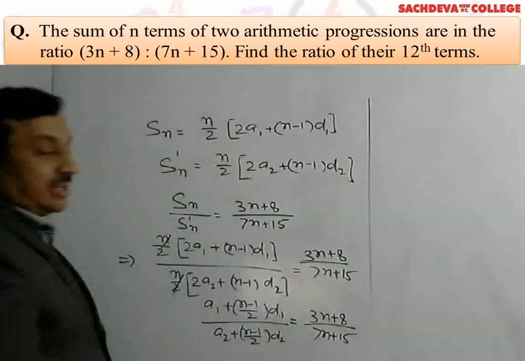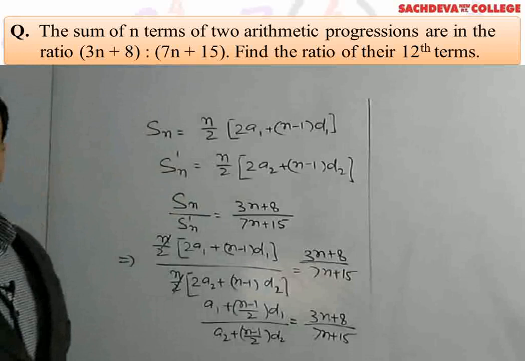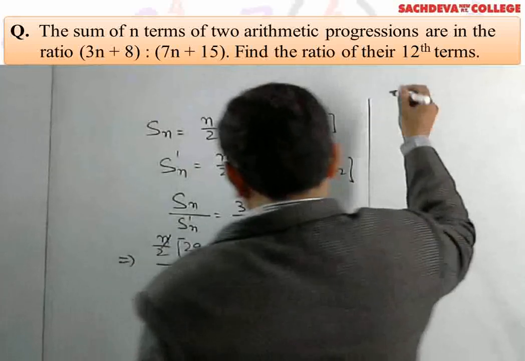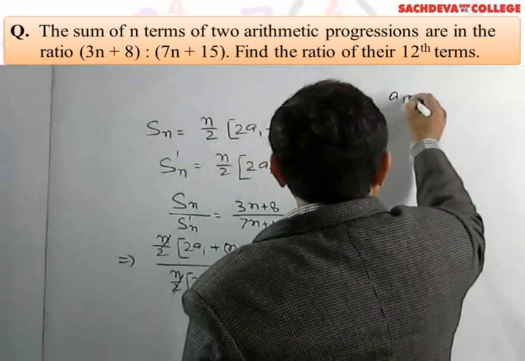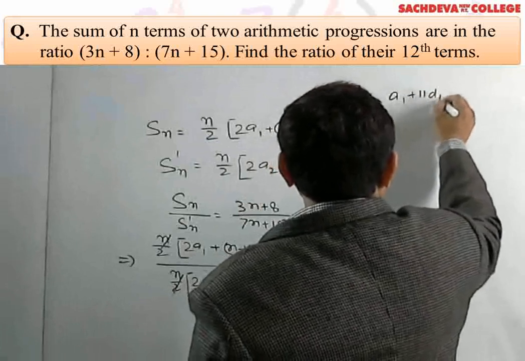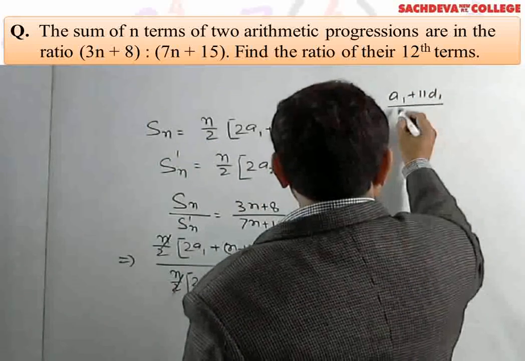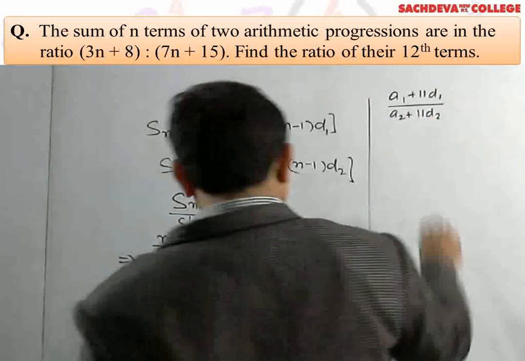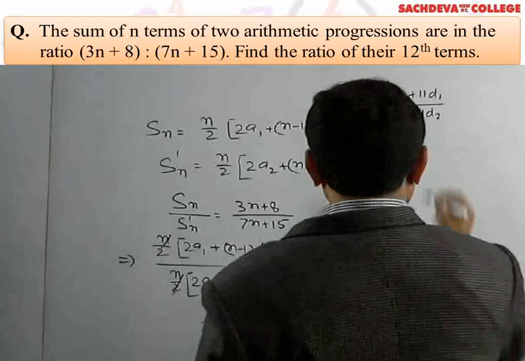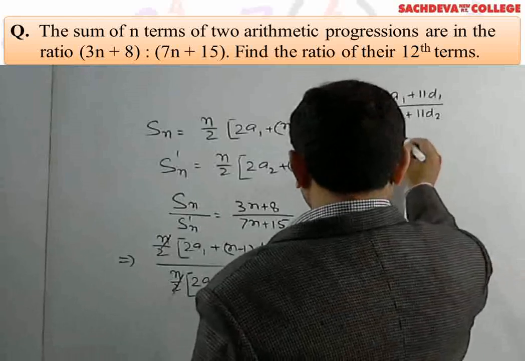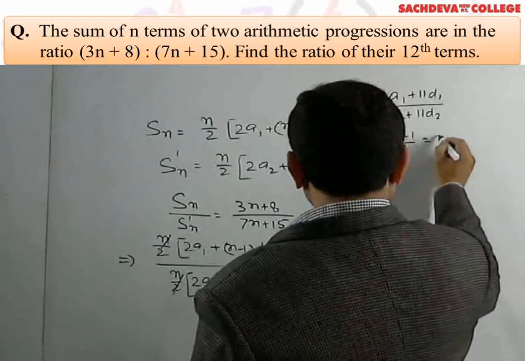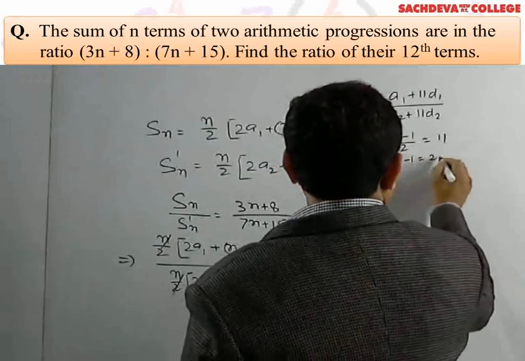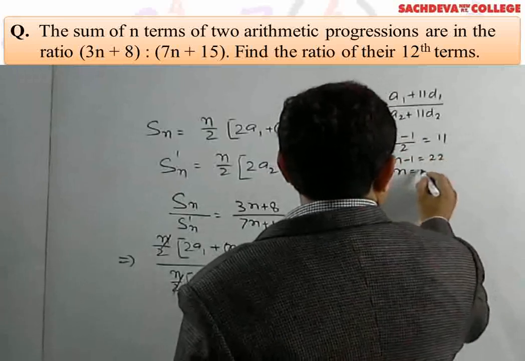But we want to find here ratio of their 12th term, and 12th term of this series will be equal to a1 plus 11 d1. For second series a2 plus 11 d2. So in this term, if we put n minus 1 by 2 is equal to 11, then we find n minus 1 will be 22 or n will be equal to 23.